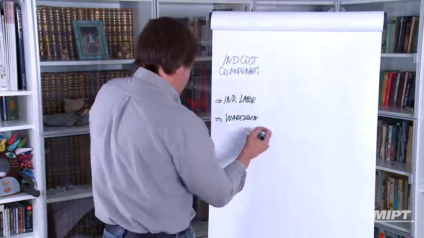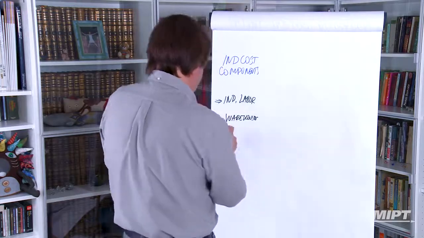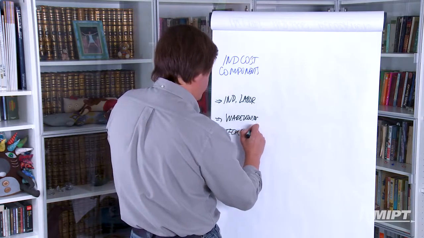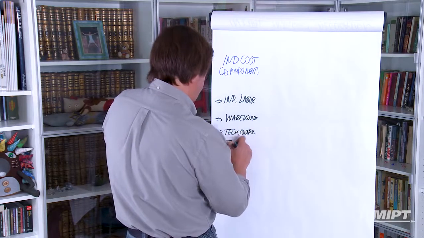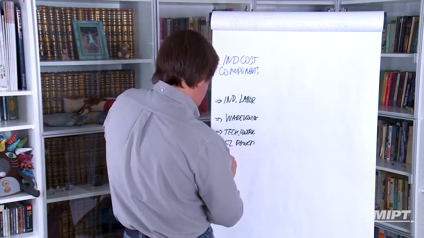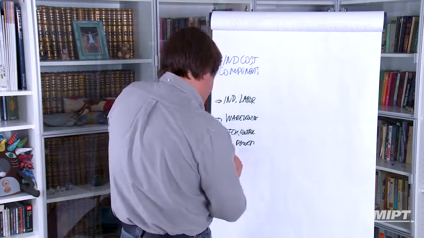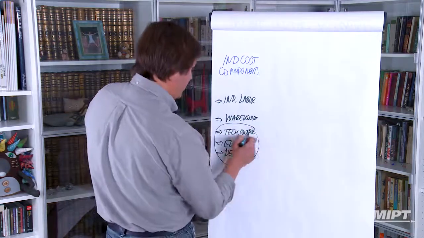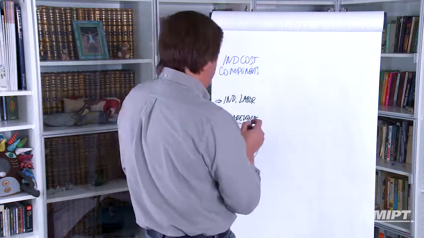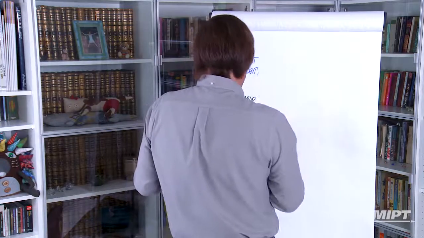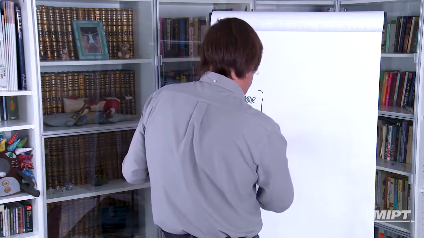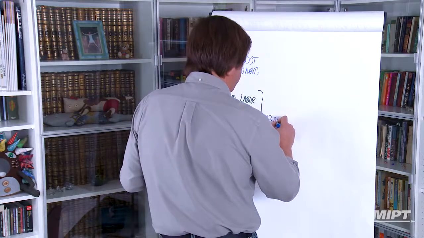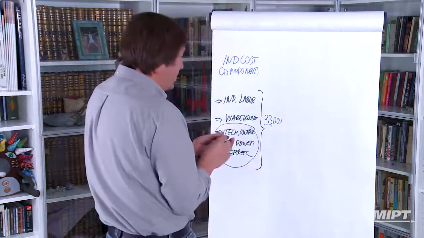And then all these others, and I'll put them like here, more like technical control, electric power, let's say depreciation. So all that is other. And now see what we know. We know that overall, all these together, how much is this? This is $33,000.